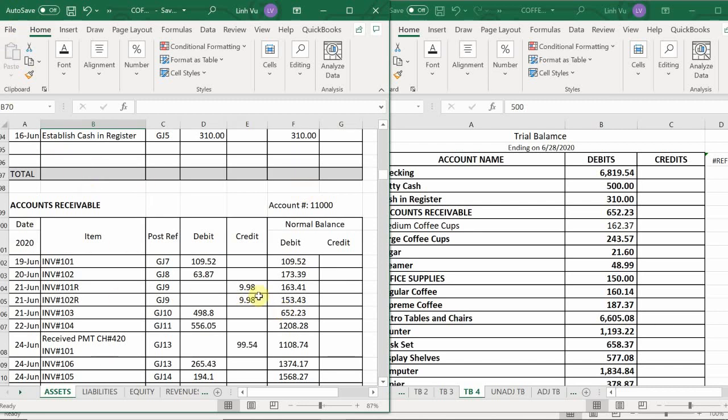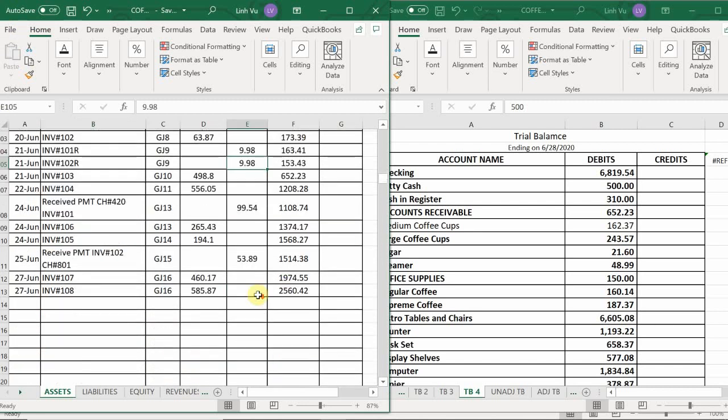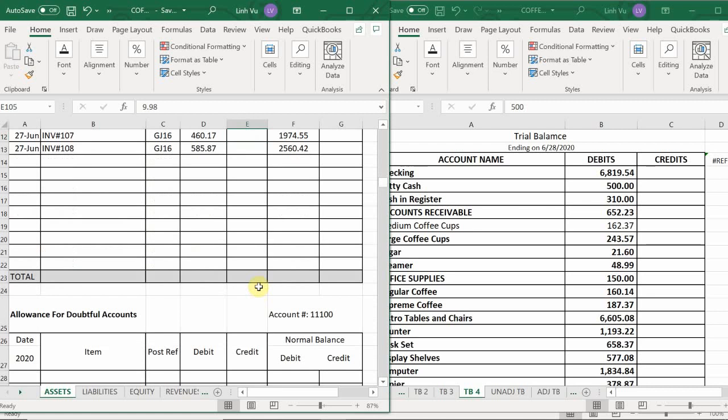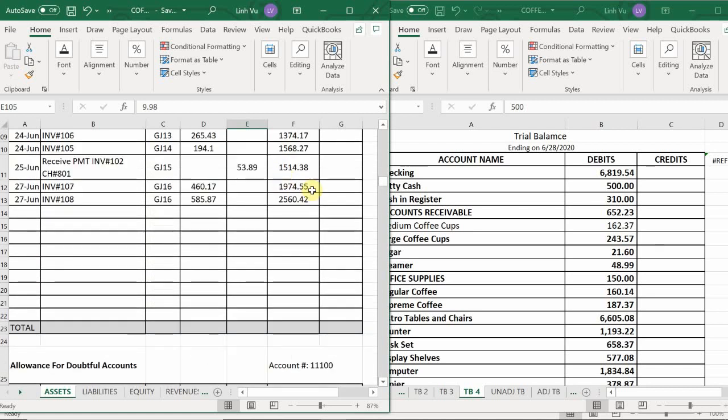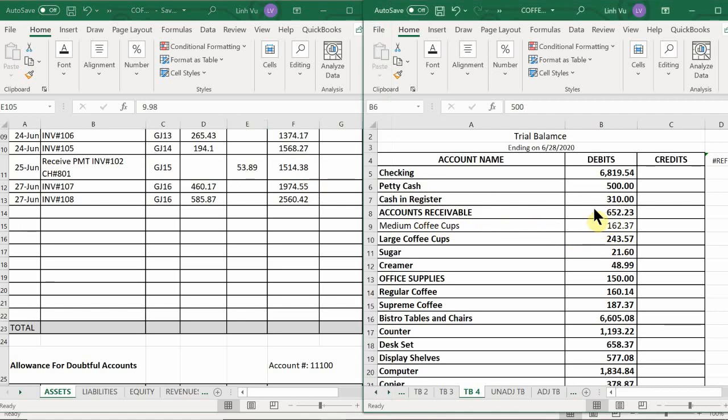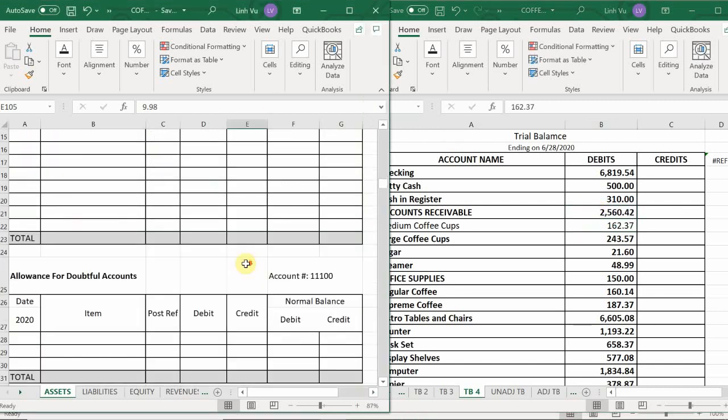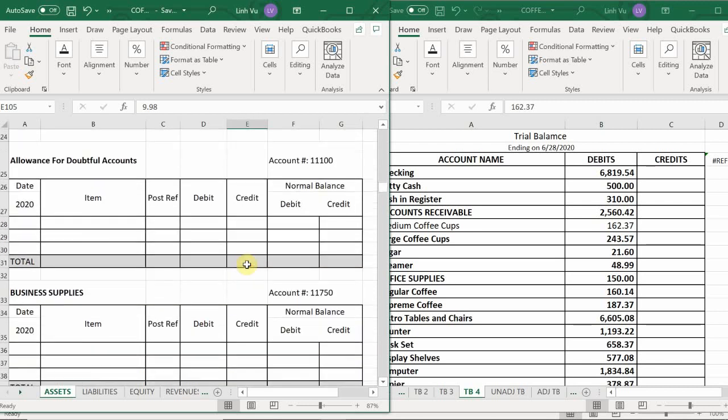Accounts receivable, we know for sure that has changed. What's my account balance in my accounts receivable account? 256042. Okay. My medium cups for my business supplies definitely has changed, right?